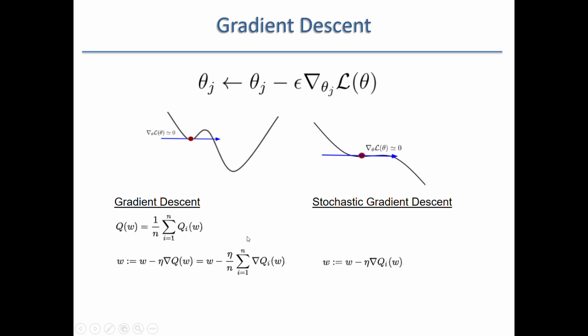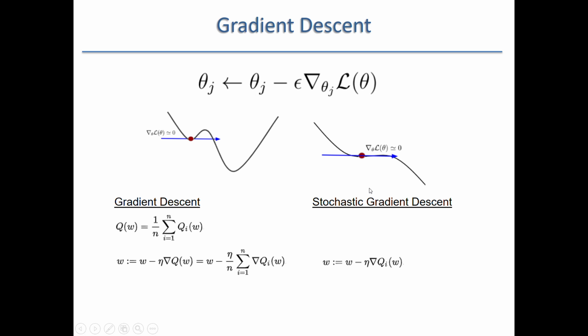If you have 1,000,000 points, you don't want to evaluate a million times and then take a decision, but also going one by one can be quite costly, because it can be quite inefficient. You cannot compute the forward pass in parallel for many points, and it can also be quite noisy.